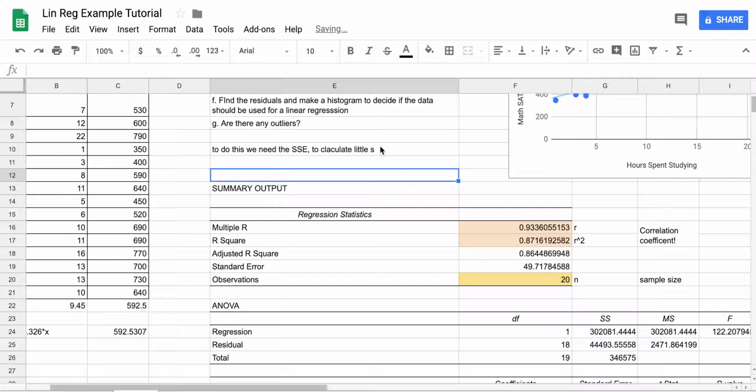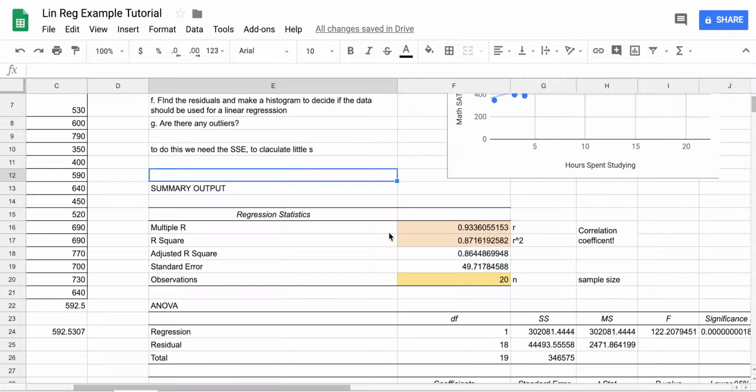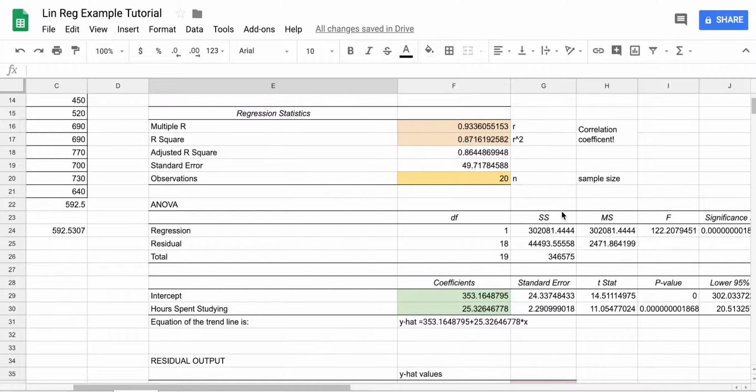And so we need that to see, hey, we're going to go 2 standard deviations below and 2 standard deviations above to see if we've captured the data. So we need to find SSE, and it turns out that XLMiner spits out SSE for you.